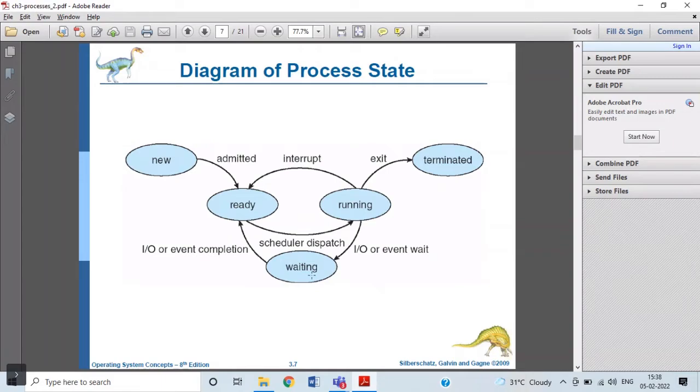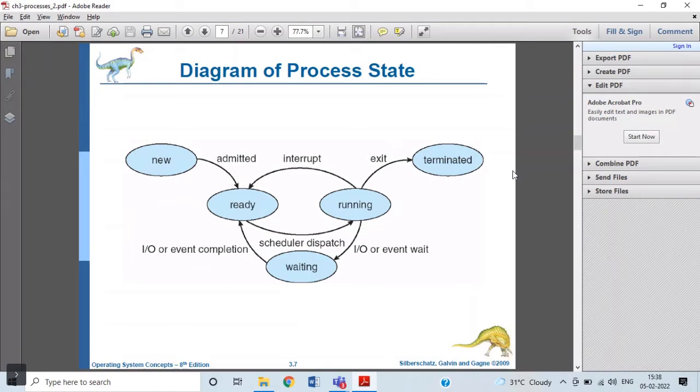Waiting is nothing but the process is waiting for some event to occur. For the completion of printing, the typing document will wait, and only then will it go again to the running state and terminate. So these are some of the process states.